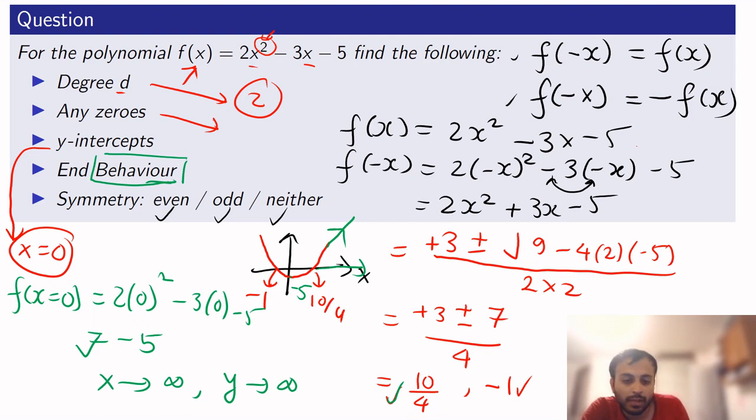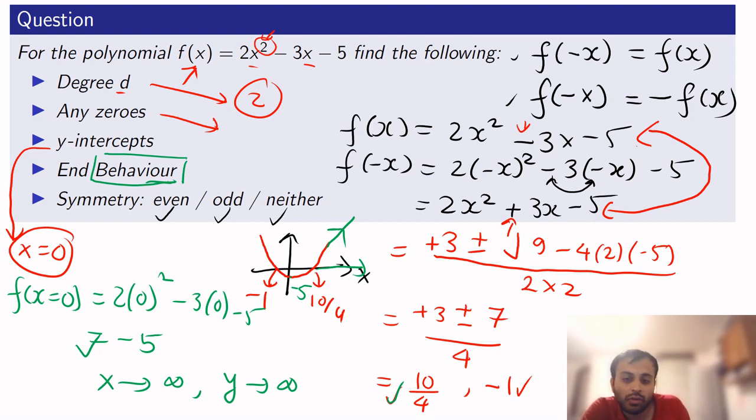So is this equation equal to the original equation? No, right? Because 2x square is the same and minus 5 is the same, but here it's a negative sign and there it's a positive sign. So these two are definitely not equal, so they are definitely not an even function.